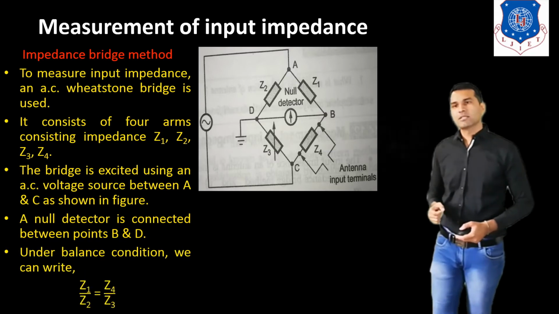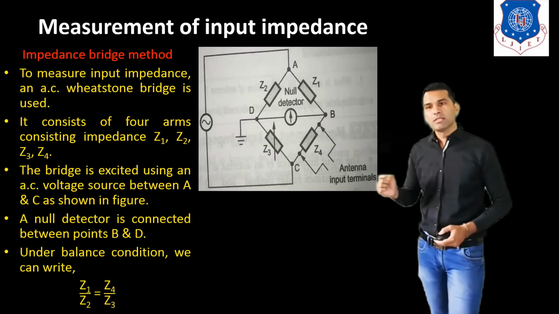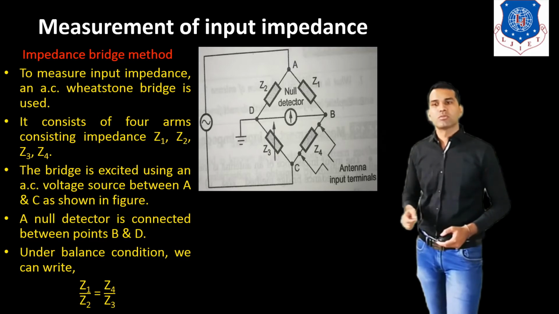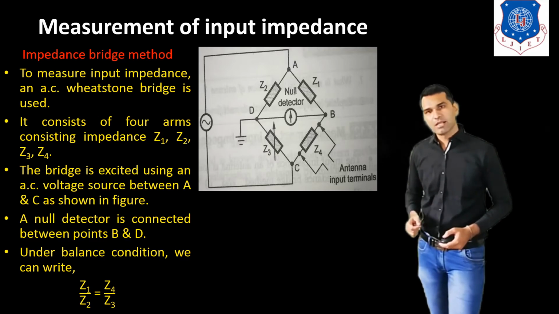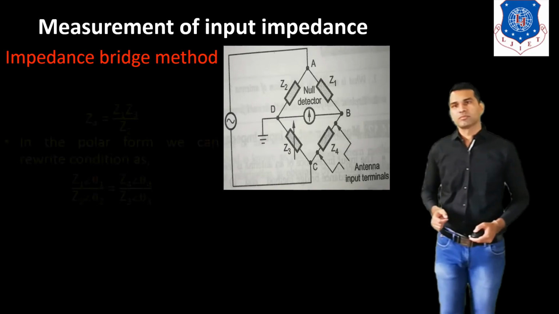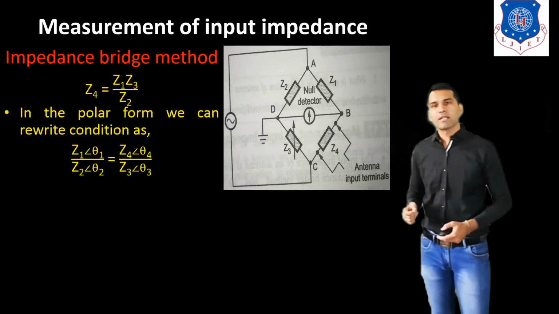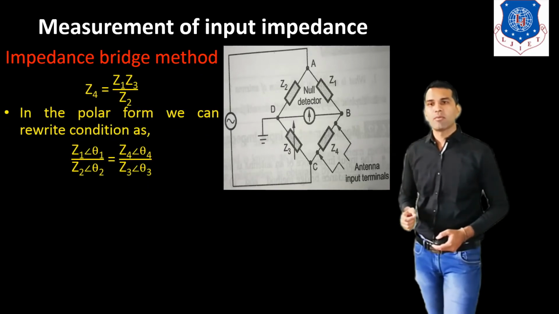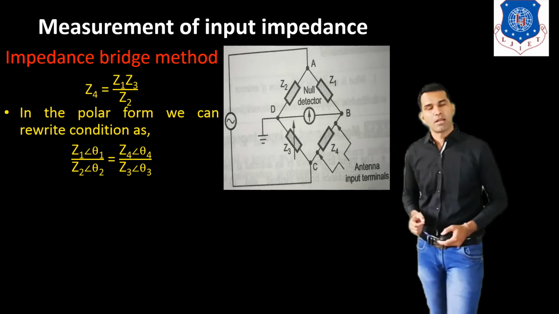Under the balance condition, we can write Z1 upon Z2 is equal to Z4 upon Z3. So we can write Z4 is equal to Z1 into Z3 upon Z2.